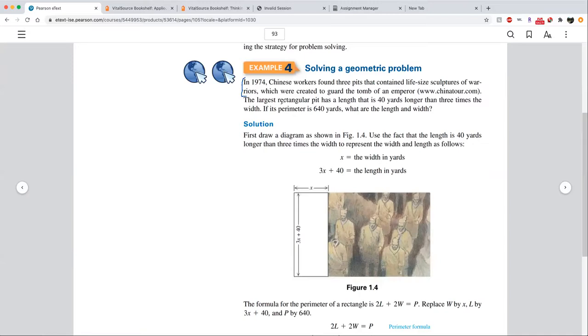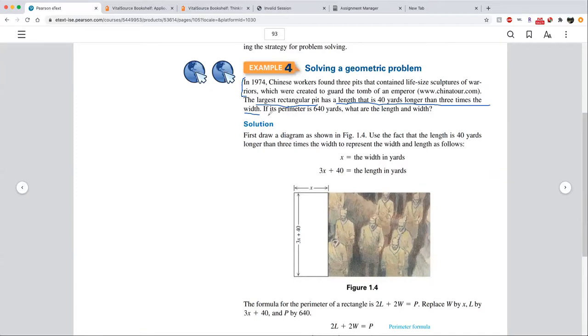The largest rectangular pit has a length that is 40 yards longer than 3 times the width. From that, we can figure out the relationship between the length and width of that largest rectangular pit.